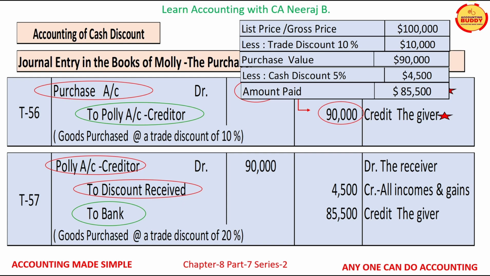Polly's creditor account is a personal account and will be debited with the amount of the transaction settled for the value of $90,000. Discount received being business income will be credited with the amount of the cash discount of $4,500. Bank account is a personal account, therefore under the rule of credit the giver, it will be credited with the actual amount of $85,500 paid.